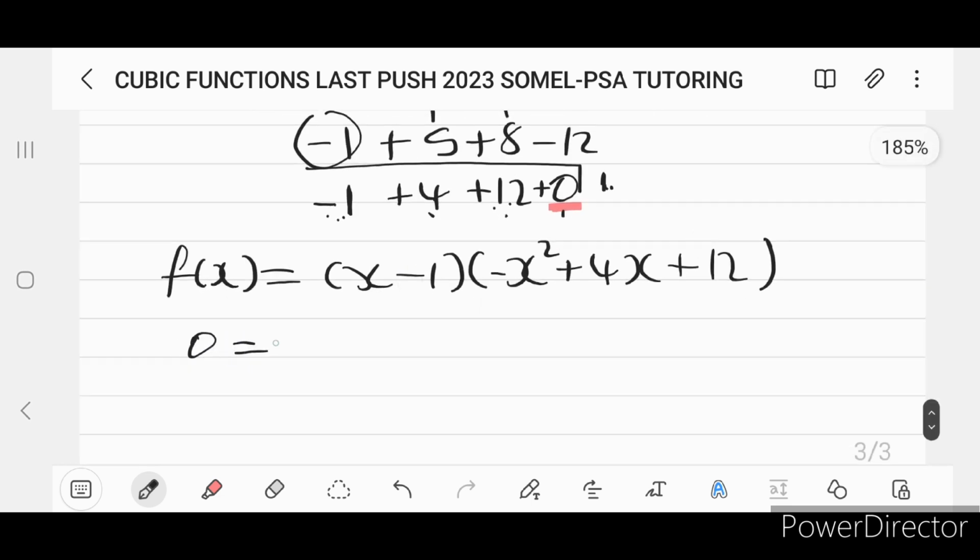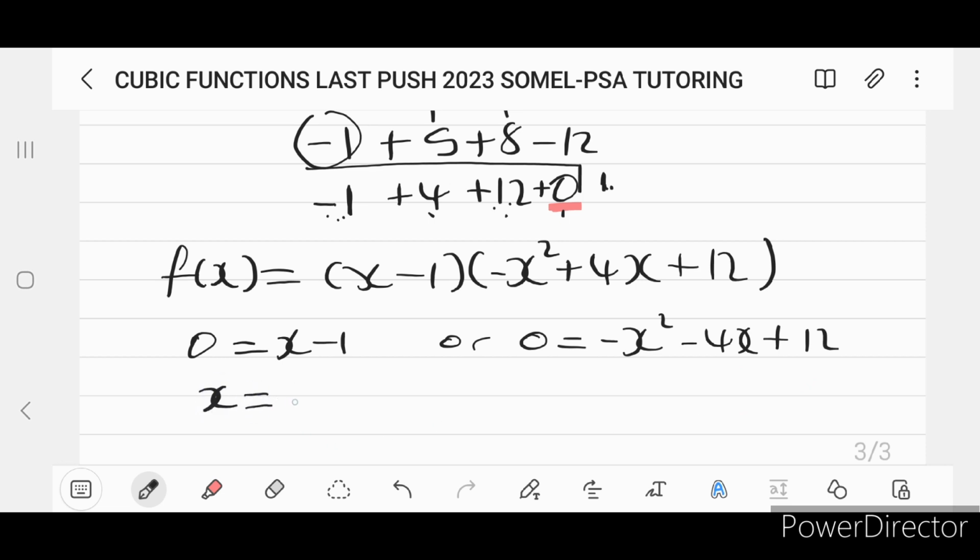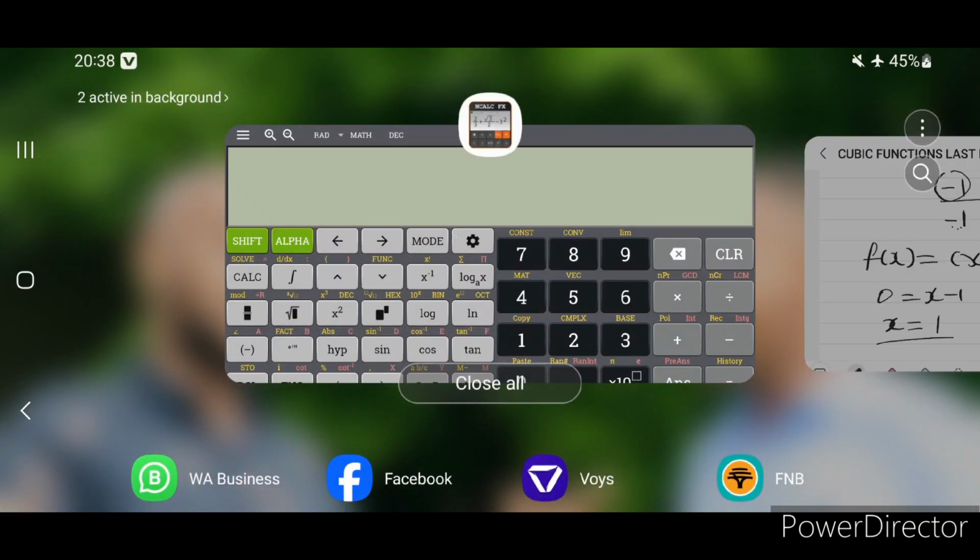Therefore, 0 equals x minus 1, or 0 equals minus x squared plus 4x plus 12. So you can use the quadratic formula to solve for this one. My x is going to be positive 1.